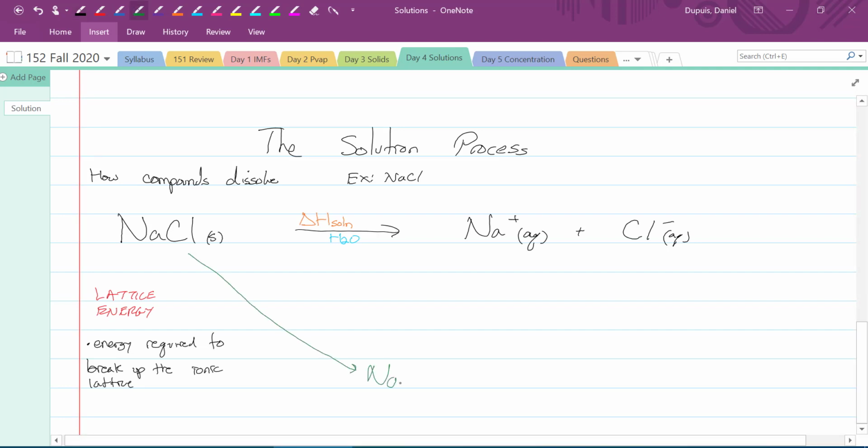And we get Na+ gas plus Cl- gas, right? Because that's lattice energy. Does sodium go into a gas before it goes into sodium plus aqueous? No, but this is how we're going to calculate it.